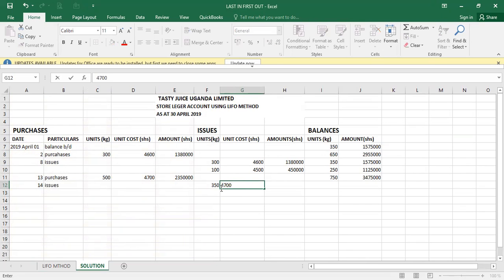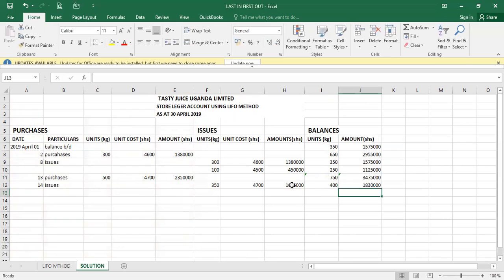So long as the stock is enough to be issued out, you issue, because this is 350 and this one is 500. So we can issue out that equal to this, multiply by this, and get the cost. We reduce the units here by that minus this, which gives you 400 units. Then you also reduce the cost, minus this. So hope we are getting it right.